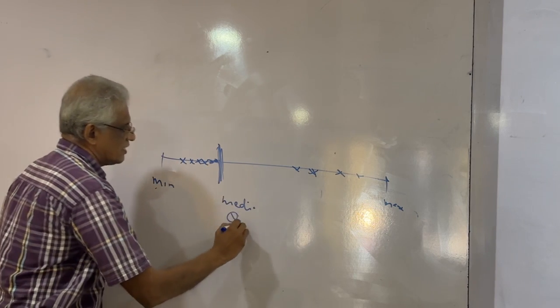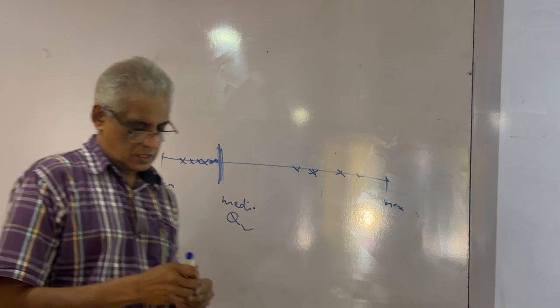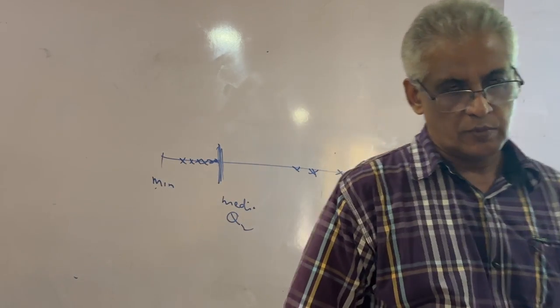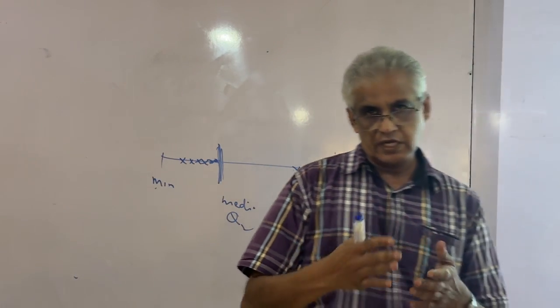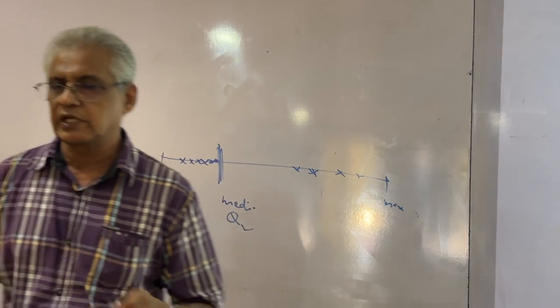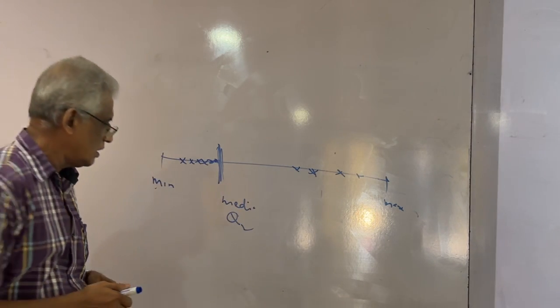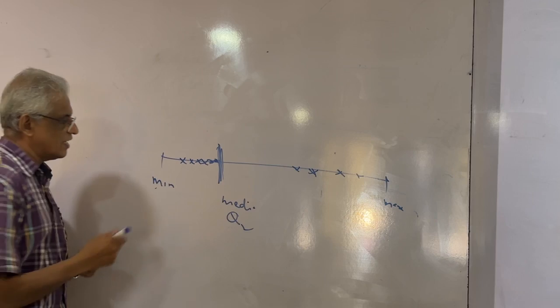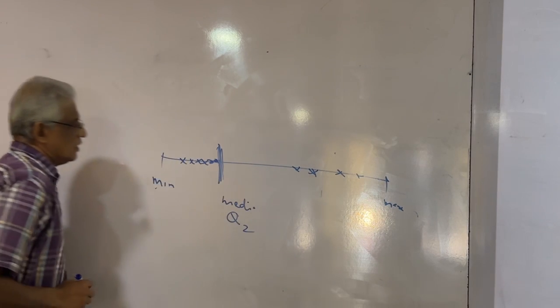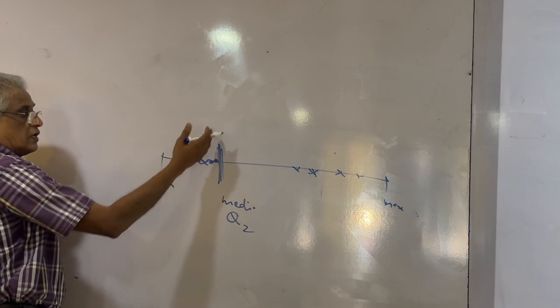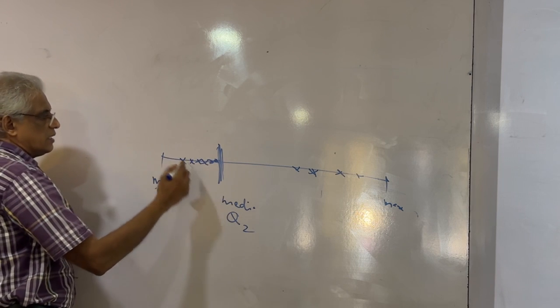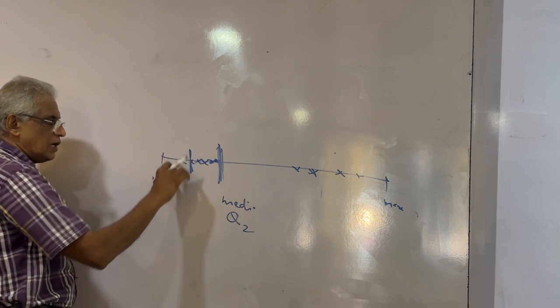Usually it is called the second quartile. For a data set, usually we talk about quartiles. Right? There are three quartiles: first quartile, second quartile, third quartile. So the median is actually the second quartile. If you take the first half created by the median, you can find the middle of this again.